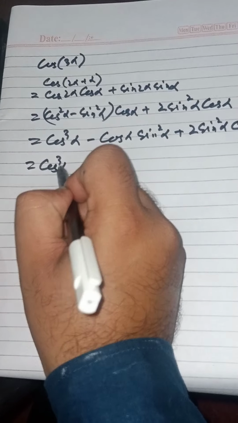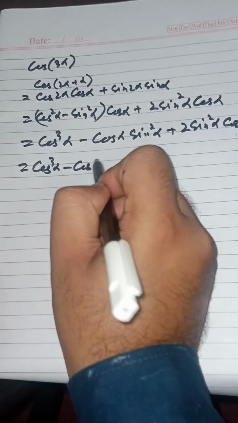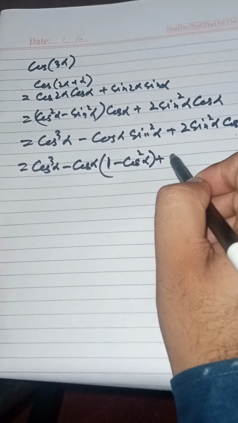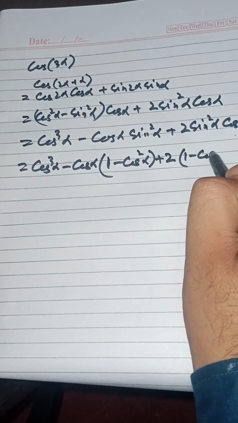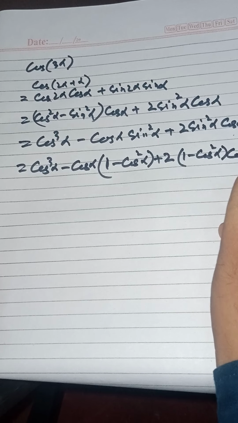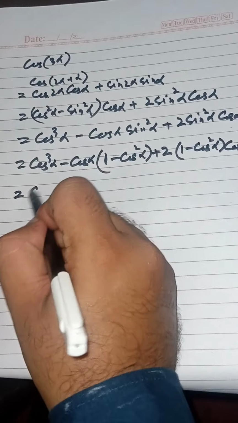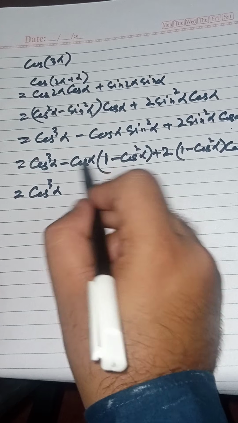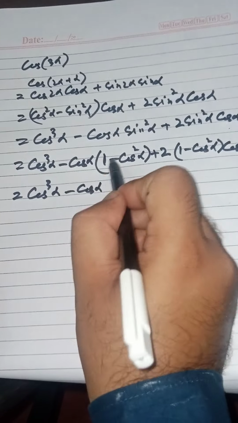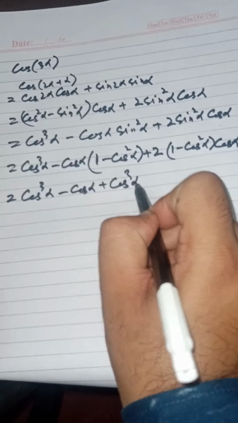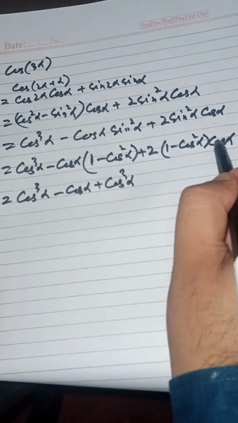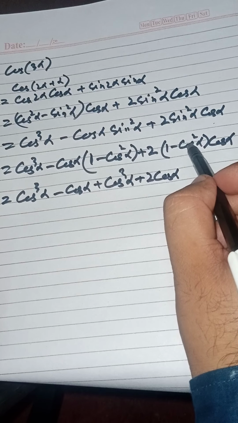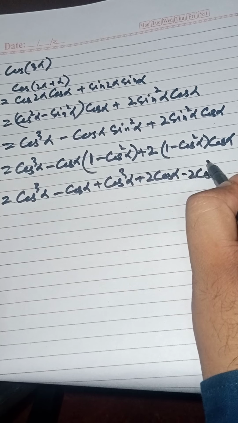So cos cube alpha minus cos alpha times sine square alpha, where sine square alpha is 1 minus cos square alpha, plus 2 times (1 minus cos square alpha) cos alpha.